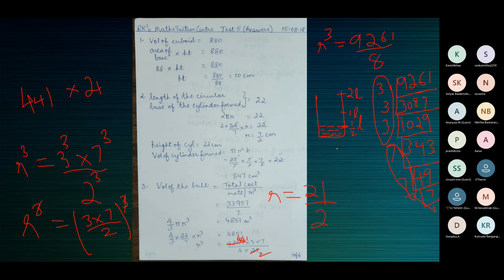But in maths, we use it interchangeably. We'll say capacity, we'll say volume. But this is that fine difference. The capacity of the water that can be contained in this container, or the capacity of the container, is 2 liters.